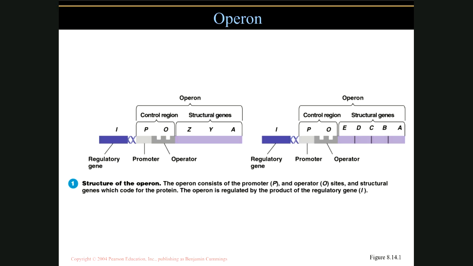So all those genes get turned on and transcribed and translated at the same time. Eukaryotes tend to have one promoter for one gene, but prokaryotes have one promoter for multiple genes that are all needed for that metabolic pathway. So again, that's very efficient, so all the enzymes are available for that metabolic pathway.